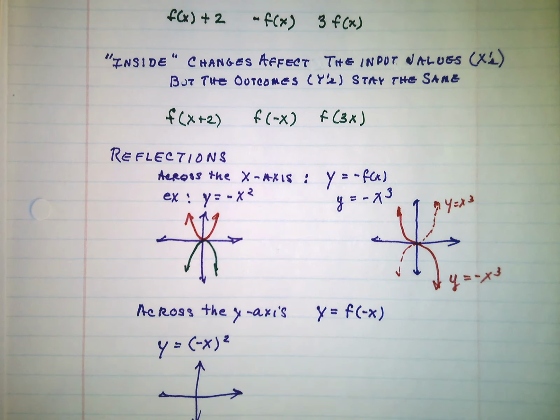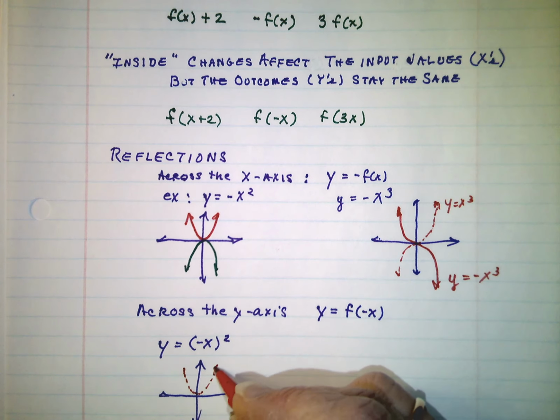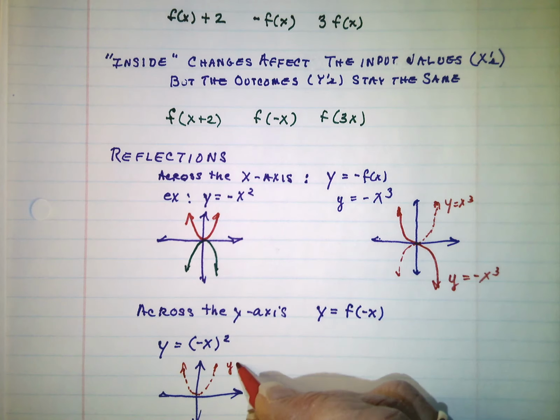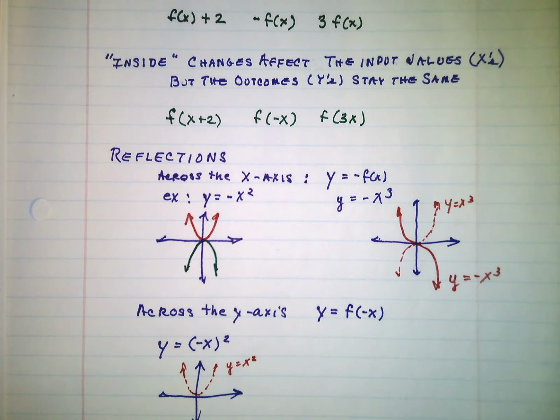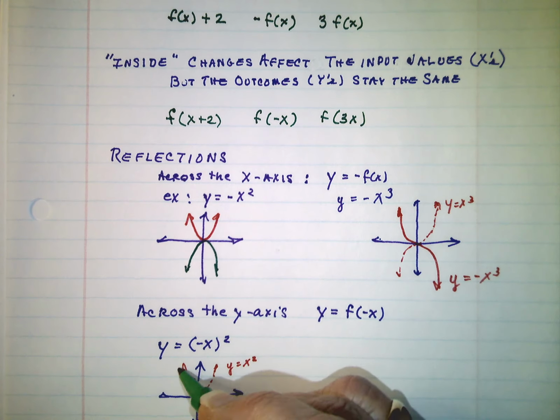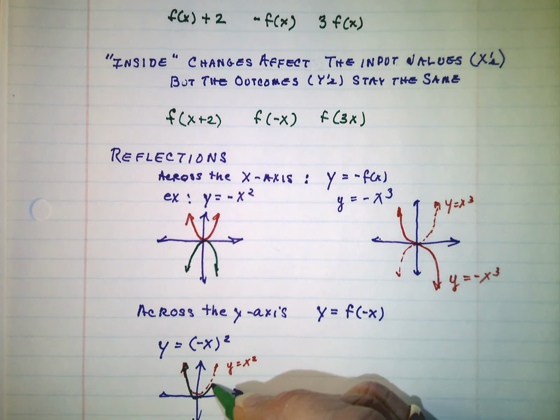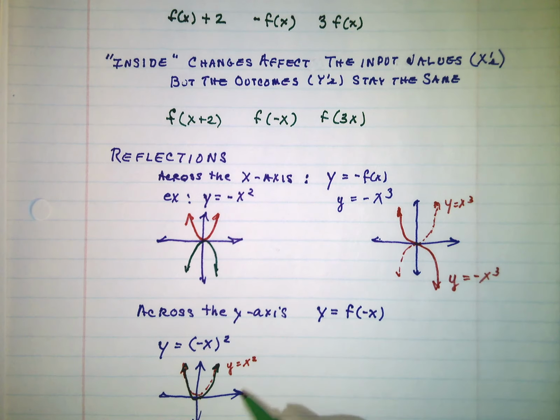So the original parent function, and then when we flip it sideways, then this flips over here, this reflects across to here, and this actually looks the same.